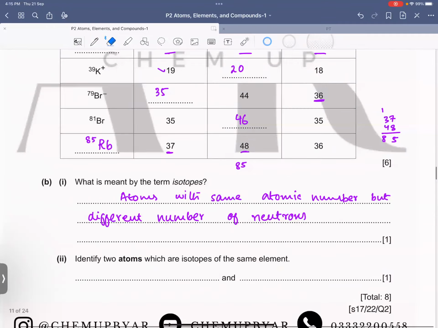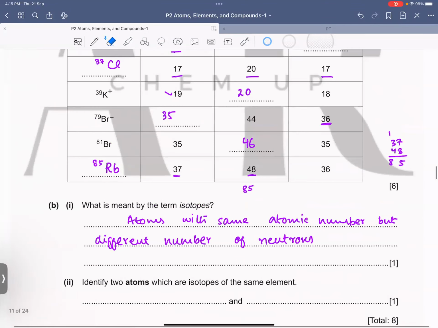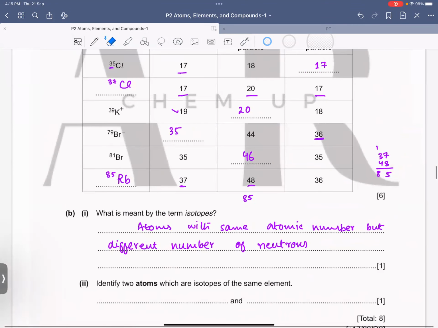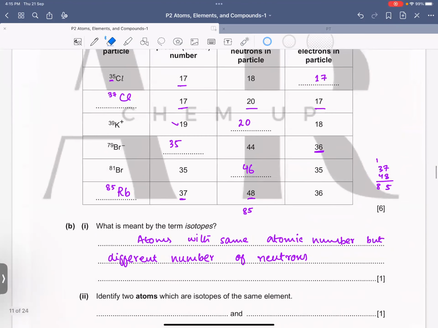Okay. Now, identify the two atoms which are isotopes of each other, of the same element. Chlorine. Chlorine, here we go. So, why not potassium? Oh, sorry, why not bromine? Because it's an ion and they have talked about atoms. Yeah, very good.